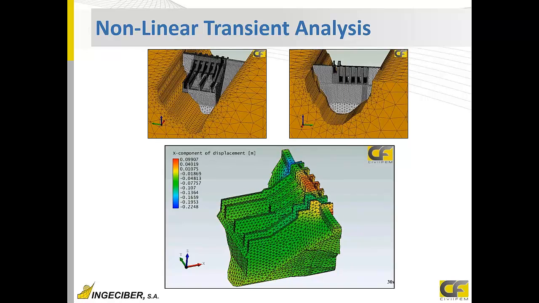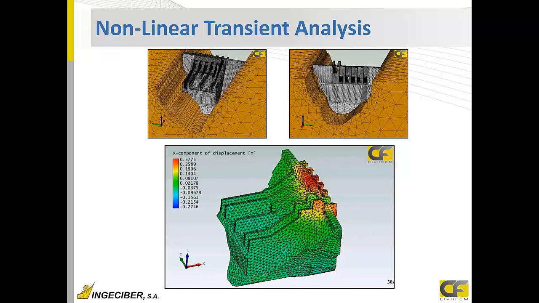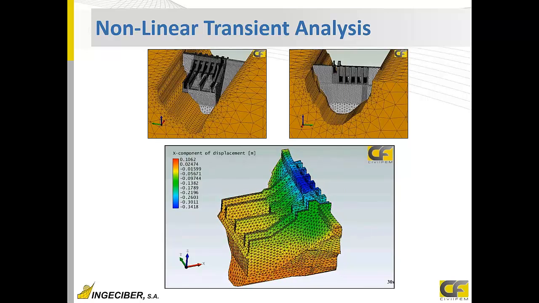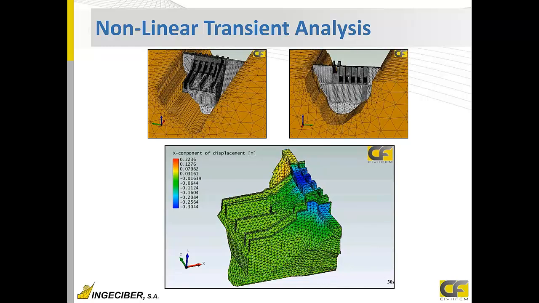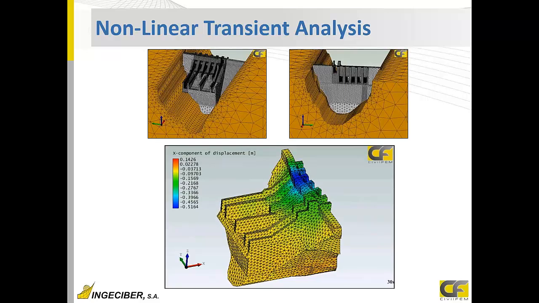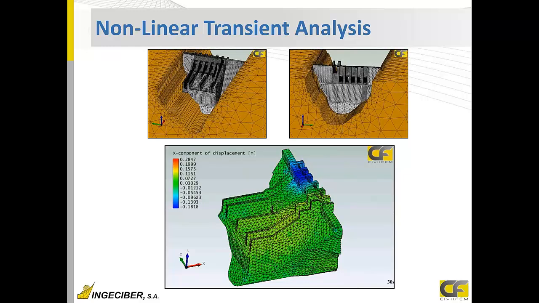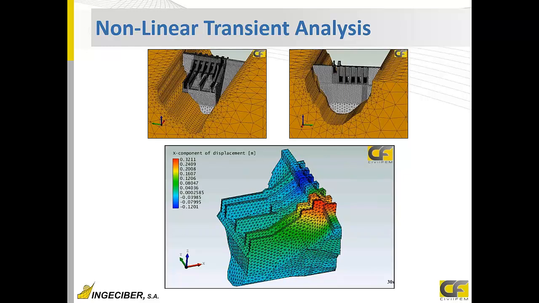We can also get cracking or any other result in this big model. You can apply accelerograms or displacement histories, anything that has different values along time. All the nonlinearities available in the software can be used in both static and dynamic analysis.